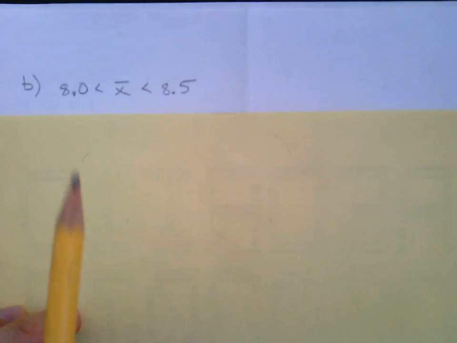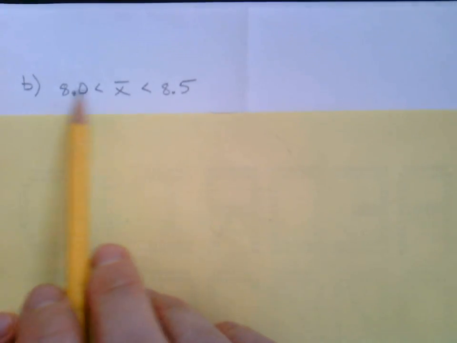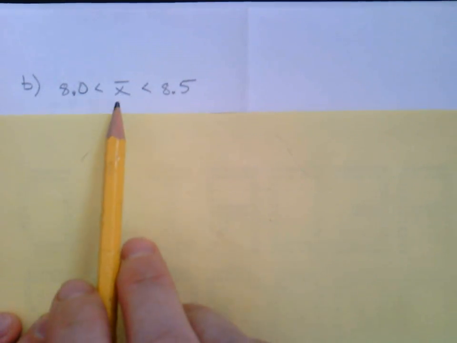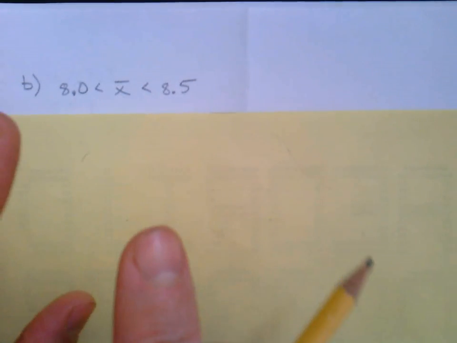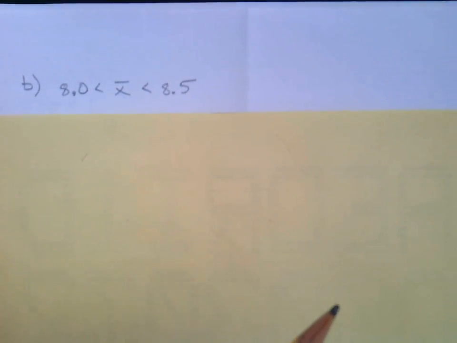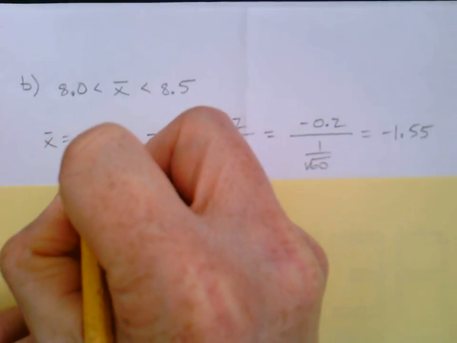We've had these between sort of problems before, and it's going to play out in a similar way. Let's take a look. I need to find the z-score that goes with x bar equaling 8.0, and I need to find the z-score for x bar equaling 8.5, and then we can find the probability between using the table.